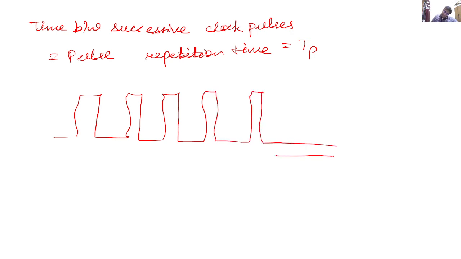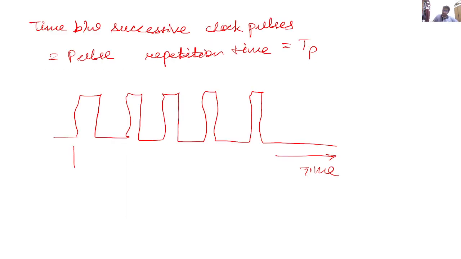Okay, so any two consecutive crests or troughs, I mean the time distance between them, is the TP for our case. Similarly, there is another term known as the pulse repetition frequency.